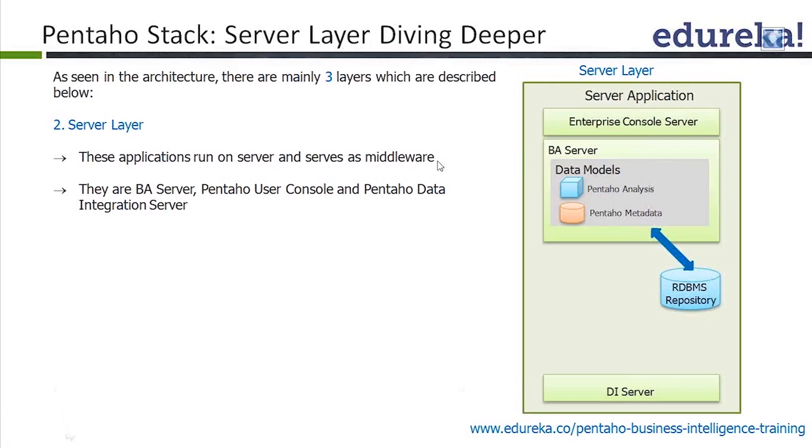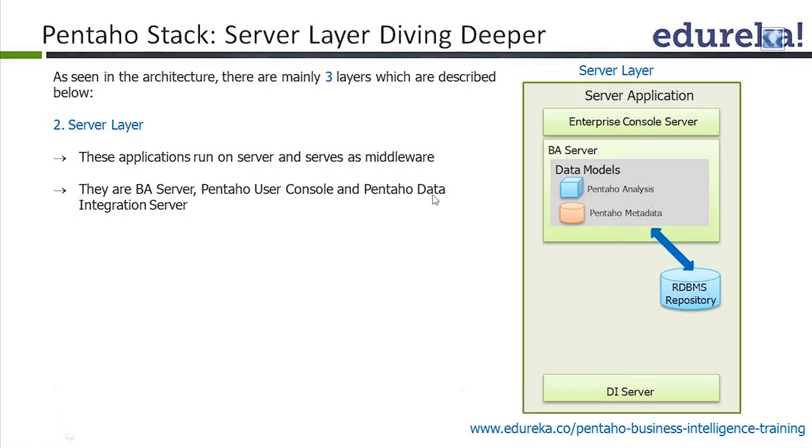Pentaho Metadata Editor is another tool residing in the server-side layer, or Dashboard CDE, which is the most important. That is residing at the BA server. The User Console, where you add a new database or configure a new data source connection, is also residing in the BA server.